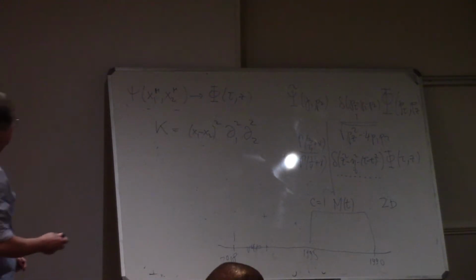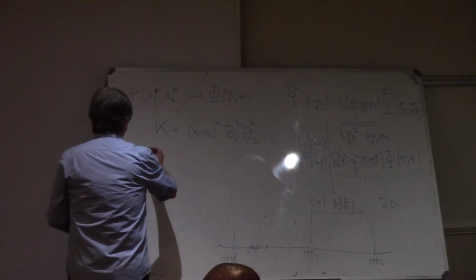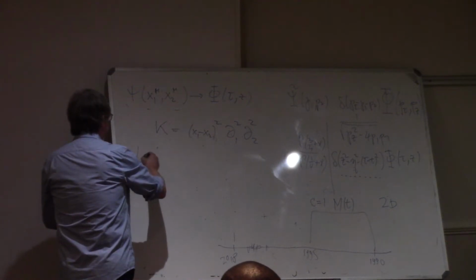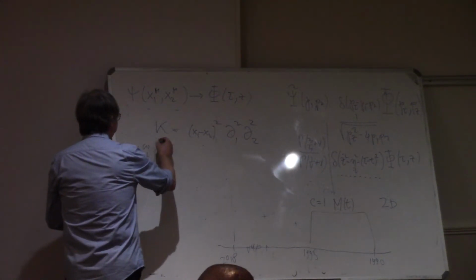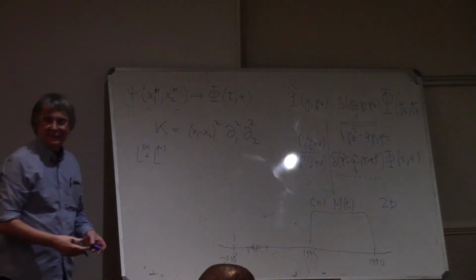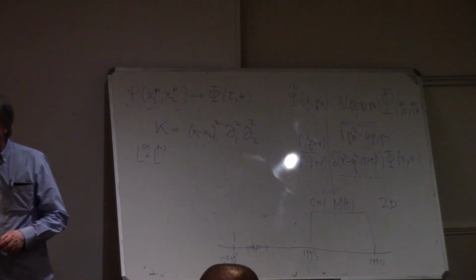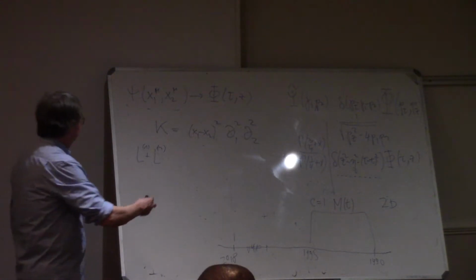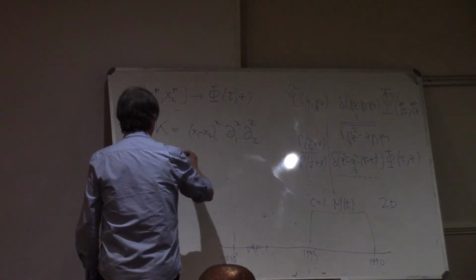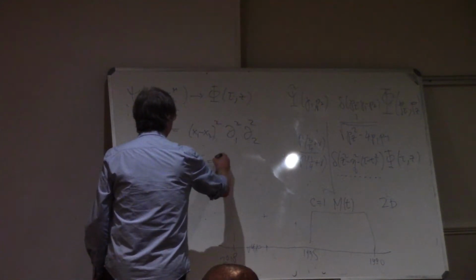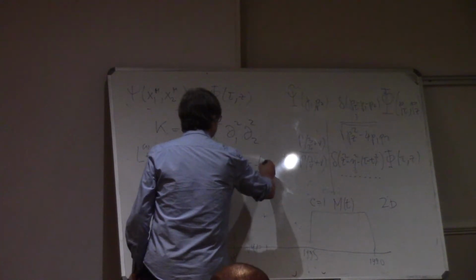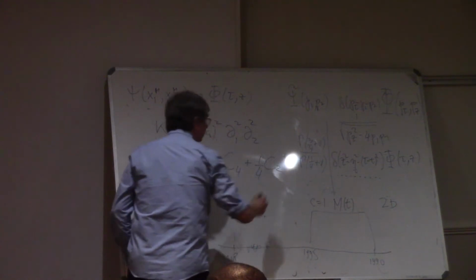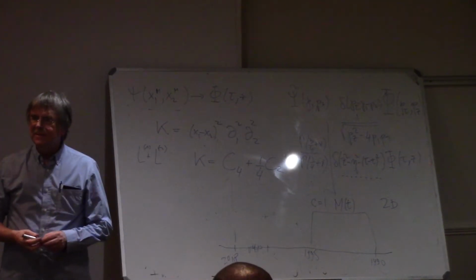And if you ask the question, what is that in terms of the generators of the conformal group, L1 plus L2, so what is the eigenvalue lambda? K can be shown to equal the 4th Casimir plus 1/4 of the 2nd Casimir. Okay?